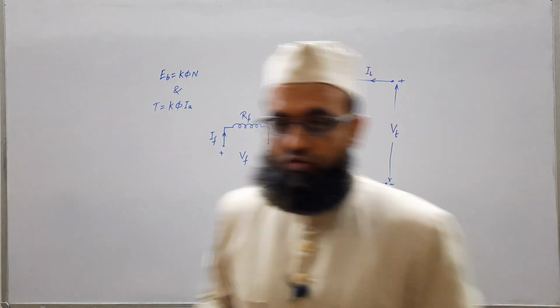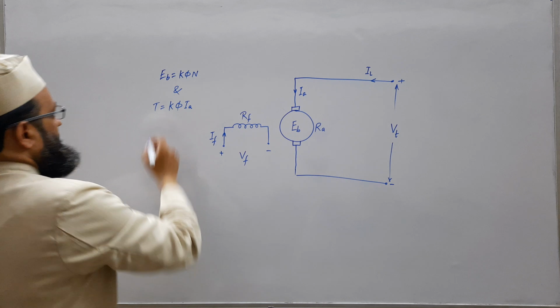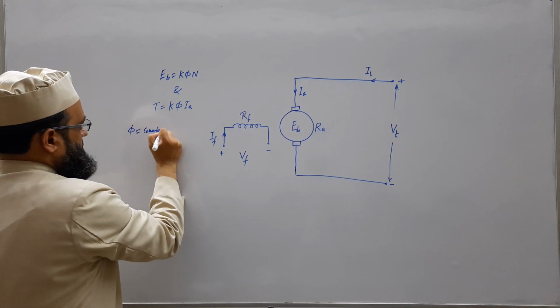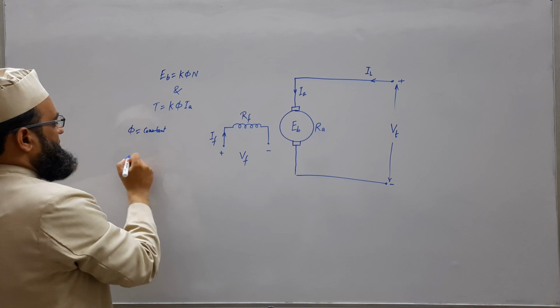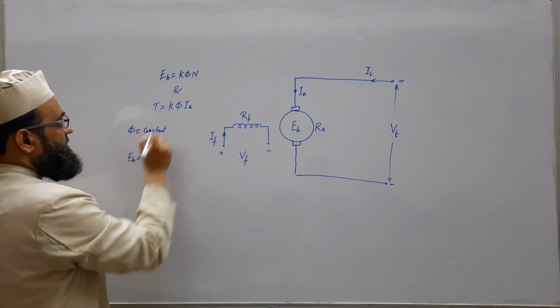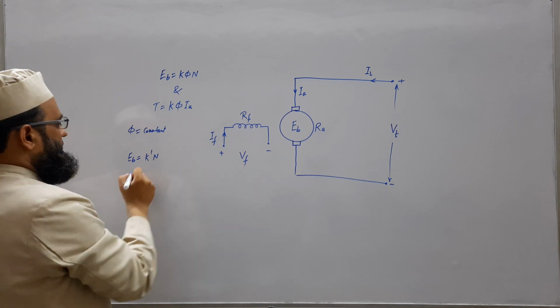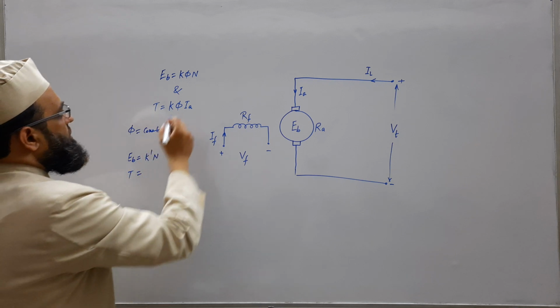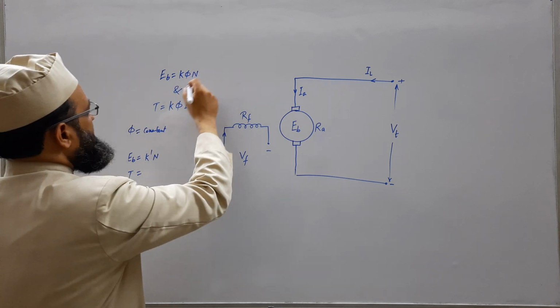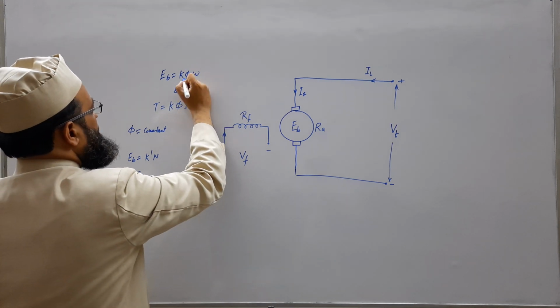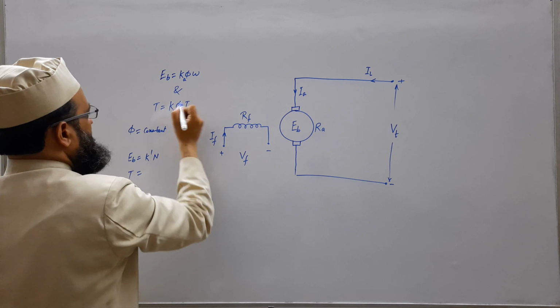So if phi is constant, you may write EB is equal to K dash N and torque is equal to, this was machine constant, no, not machine constant. So better write this omega, so that we may write machine constant.